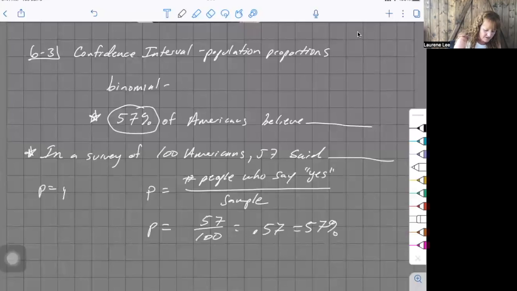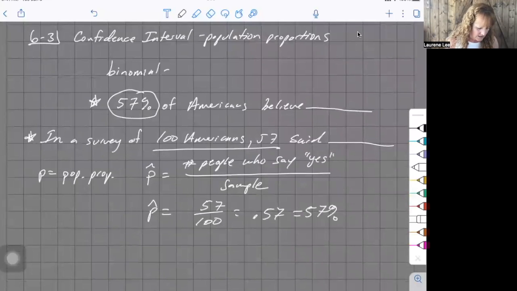This is the percentage of the population that says yes to our question. When we are looking at a sample, we use this P hat, okay? That's kind of like the difference between saying mu or X bar. That's how those alternate.